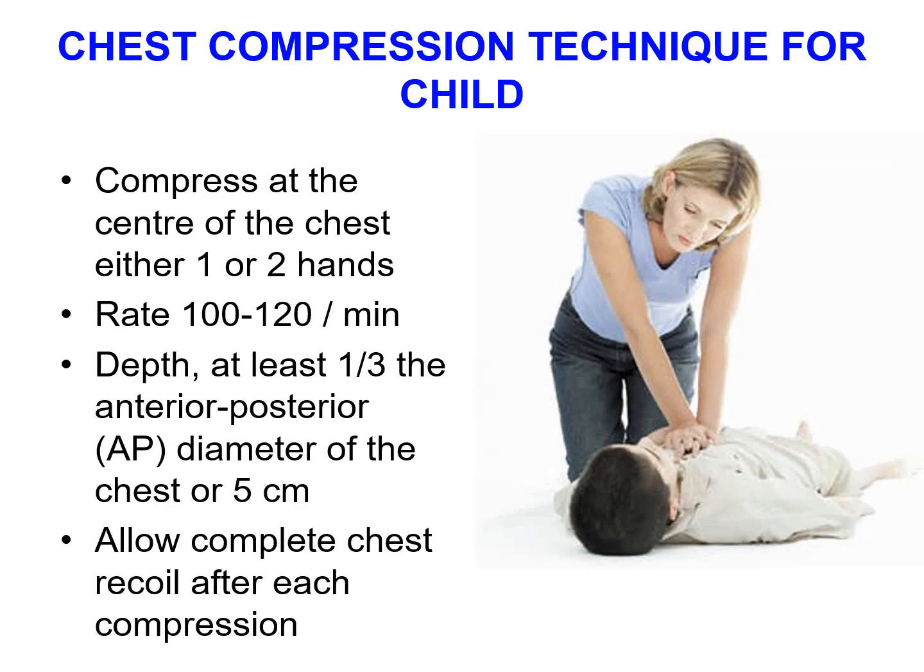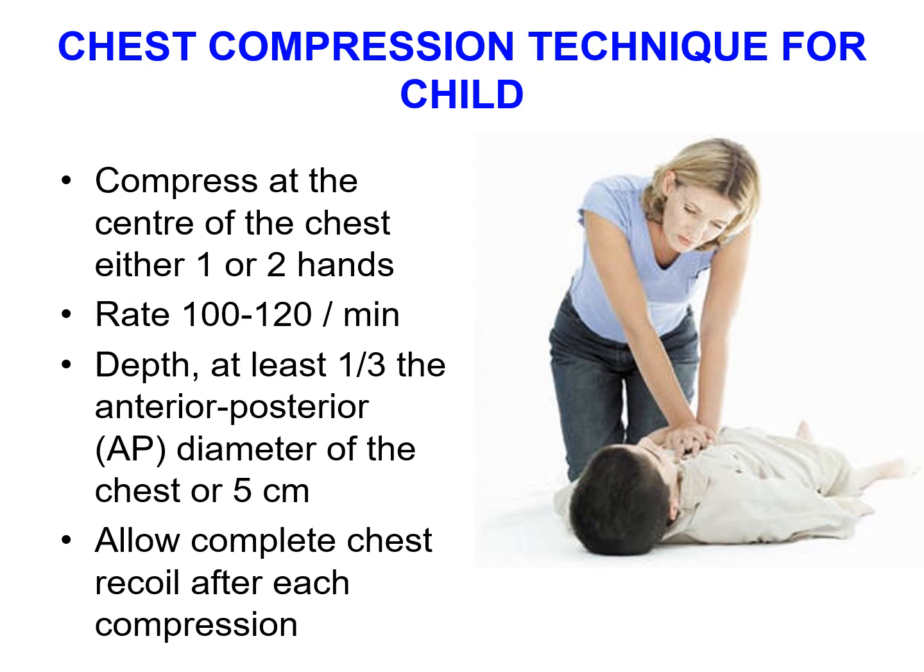Next, we look at the chest compression technique for a child. The location of compression is similar to adult. It is at the center of the chest or lower half of the sternum. The BLS responder can place the heel of his hand over the chest using one hand or two hands method.